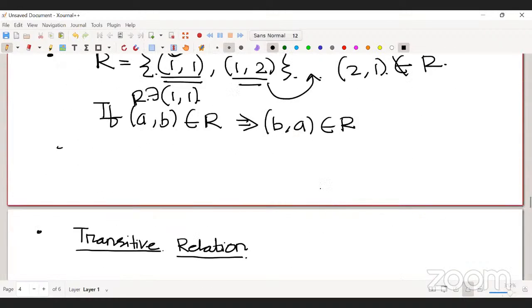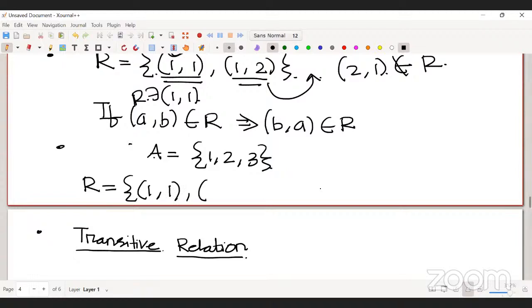Okay, for example, let's say A is equal to 1, 2, 3. Now can you tell me whether R is a symmetric relation or not? No, sir.